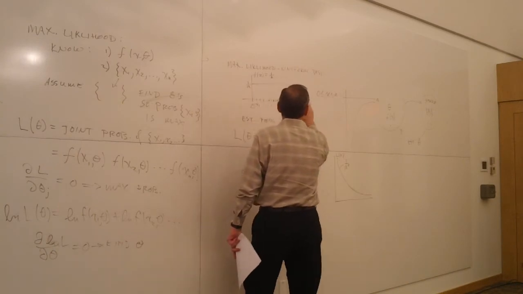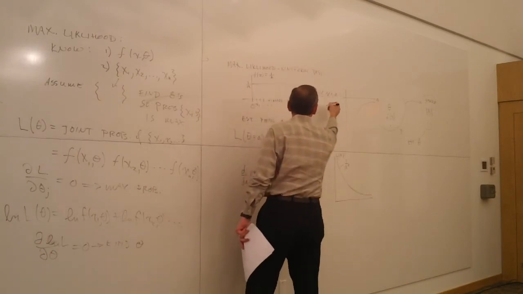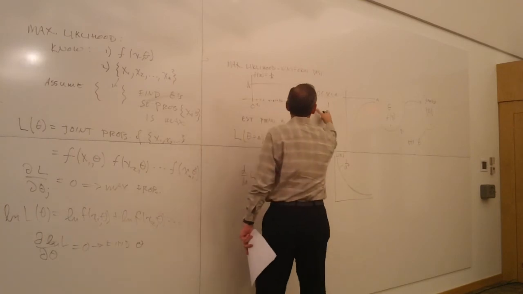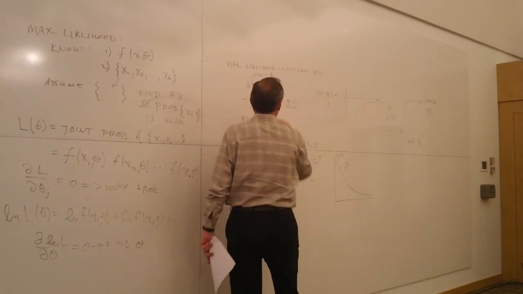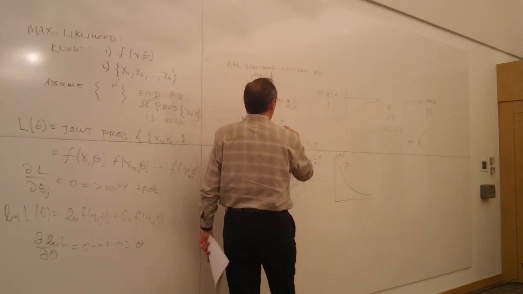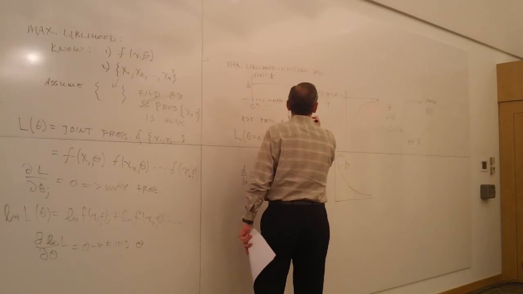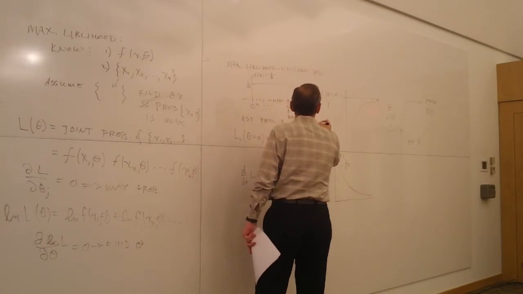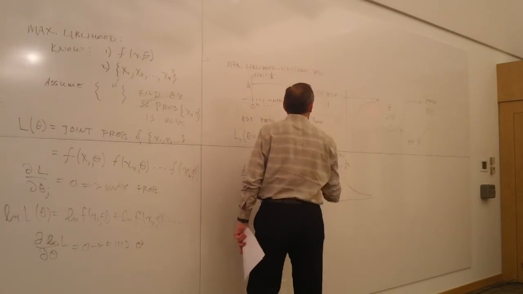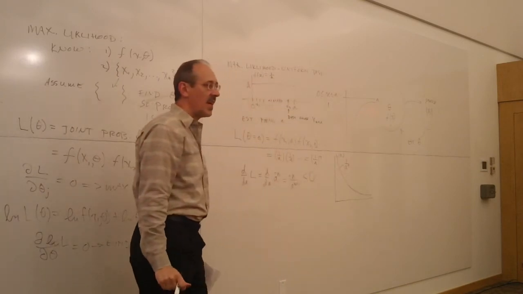I don't know where a is. It could be right here, or it could be out here. Not very likely to be out here, given that I've got a distribution in here. So my best guess for this is something like x max, the largest value for one of the samples that I took.